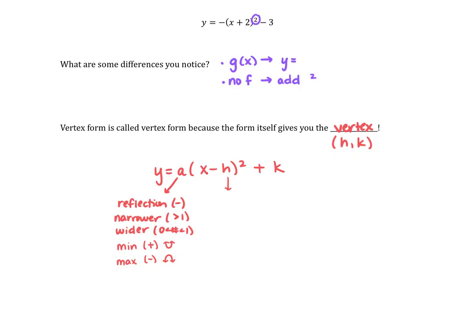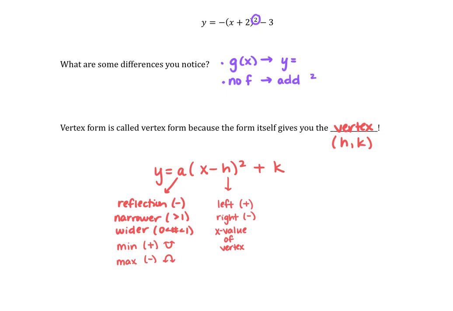The h can tell me quite a few things as well. It can tell me if my parabola is shifting left. Remember, that is when I see a positive number there. Or if it's shifting right, and that is when I see a negative value there. It also gives me the x value of my vertex. Now, just like our graph shifts the opposite direction than we think when we think left and right, the same thing kind of happens with the x value of my vertex.